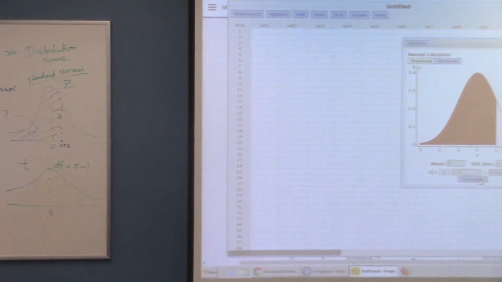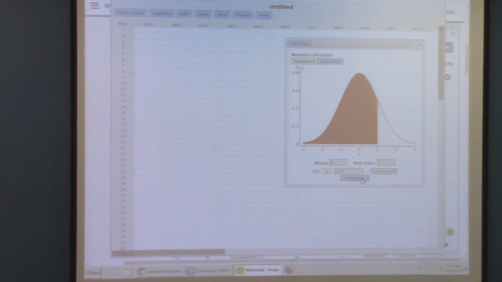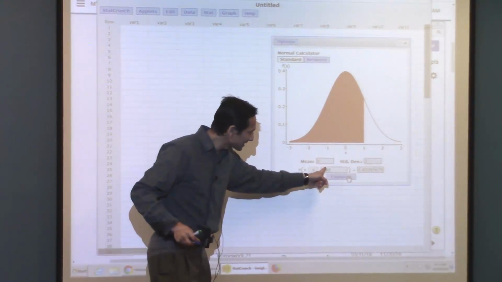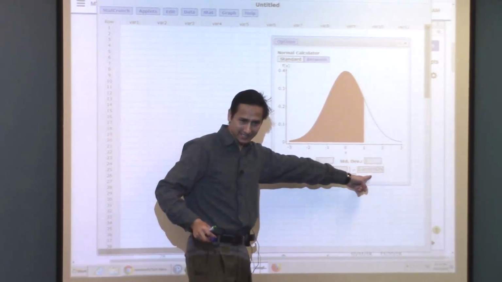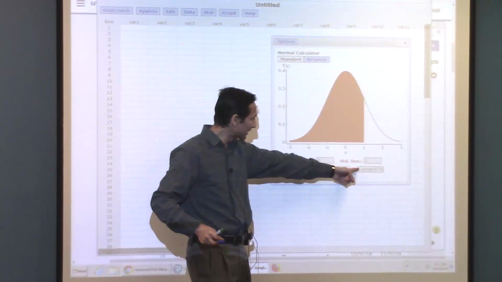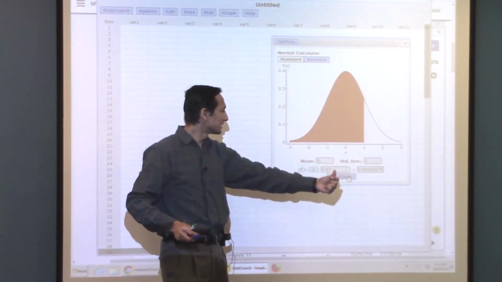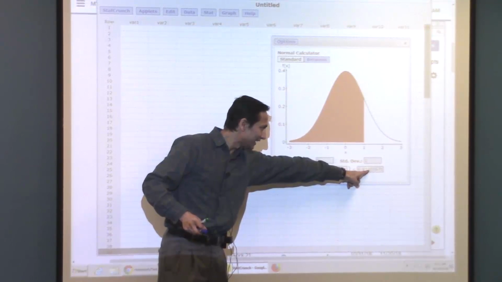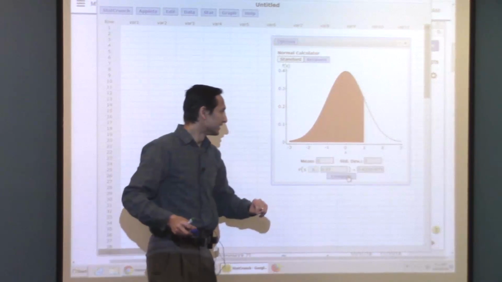And you'll see the answer on this side. So don't get confused, okay? The score goes in this box, probability goes in this box. So if you want to find the probability corresponding to a score, supply the score here and hit compute, and it will compute the probability value in there.